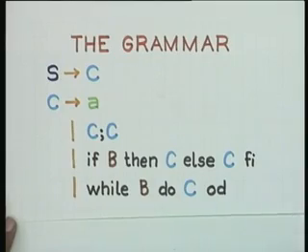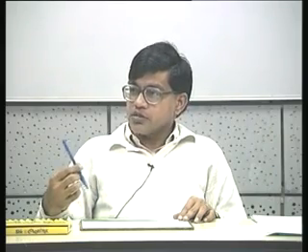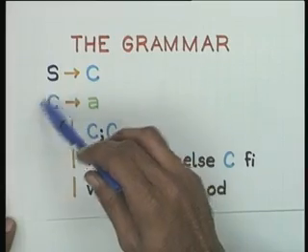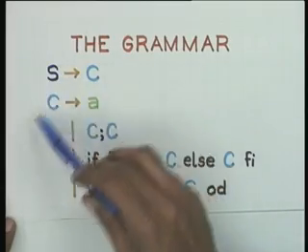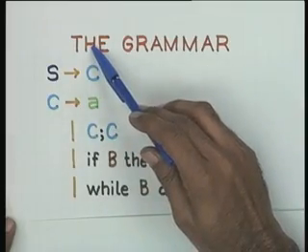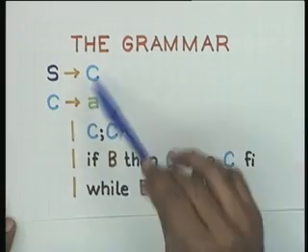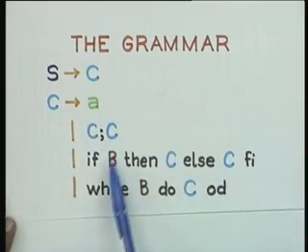We can look upon the definition of this programming language in terms of several levels, and this S gives you the program level, and how the program level goes into the command level. This command level essentially tells you how to form compound commands from simpler commands.